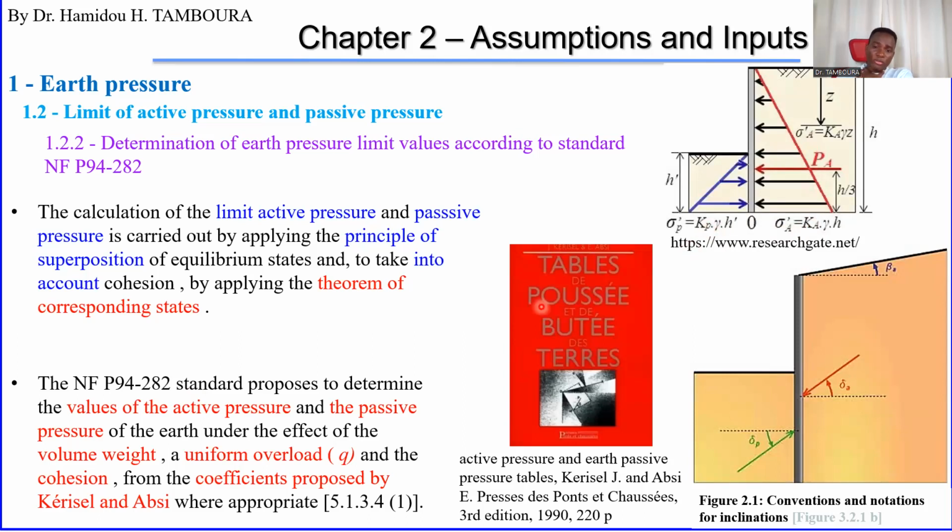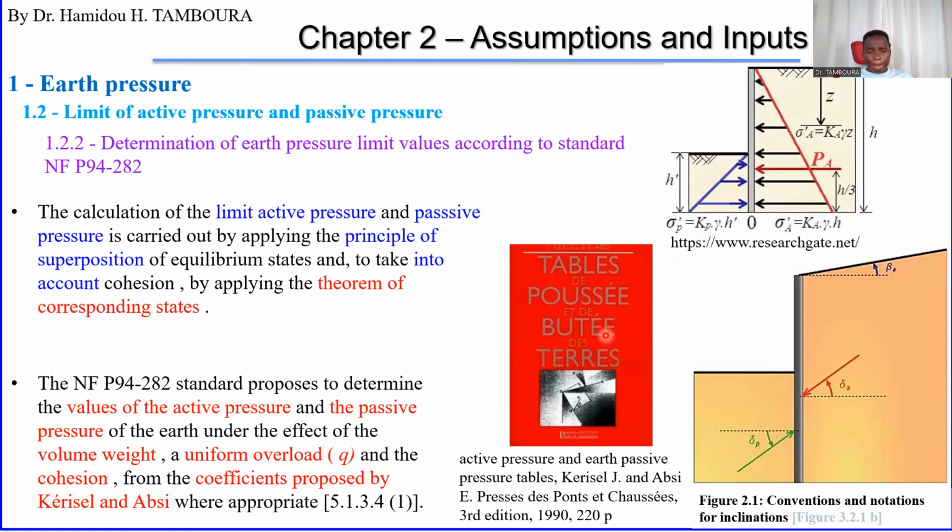In K0, the earth is at rest, the earth is not moving, you use K0. But when the soil is moving, the earth is moving and acting on this wall, that is active pressure. In that case, you cannot use K0 anymore. You have to use Ka in case of active pressure, Kp in case of passive pressure. And these values of Ka and Kp are given in this book.